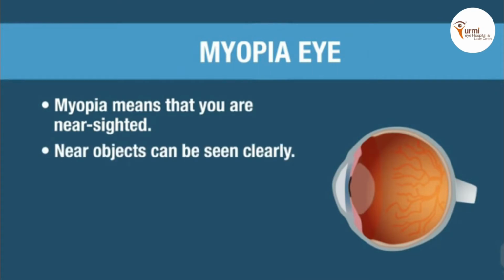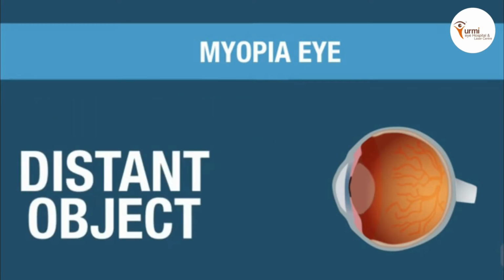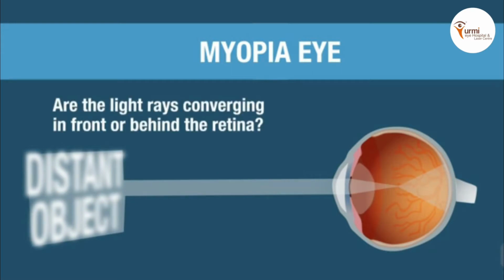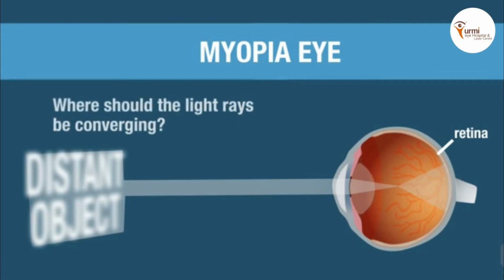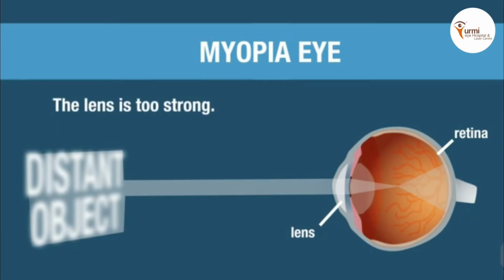Well, in case of myopia, it is called nearsightedness. The near object is clear, but the distance is blurry and seen with difficulty. The rays from the distant object are focused in front of the retina, rather than onto the retina. This happens because the curvature of the cornea is too steep or the power of the lens is too strong.